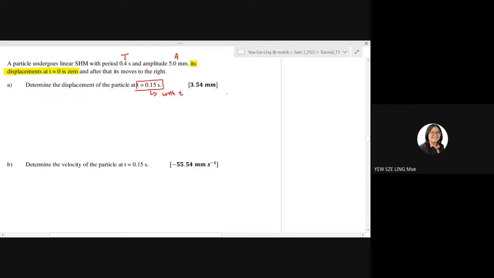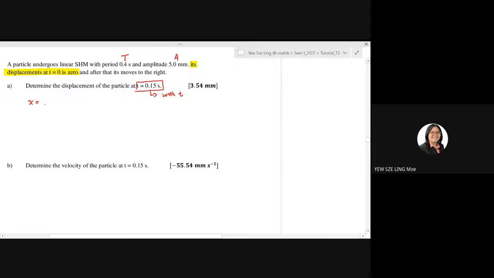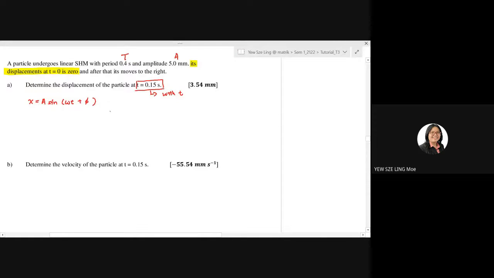Equations with t for x. Well, you need to form the equation because you are not given the equation. Now let us begin with forming the equation. So the general equation is x equals a sine omega t plus phi. Because we don't know whether there's an initial phase angle or not, we need to keep it in our general equation.